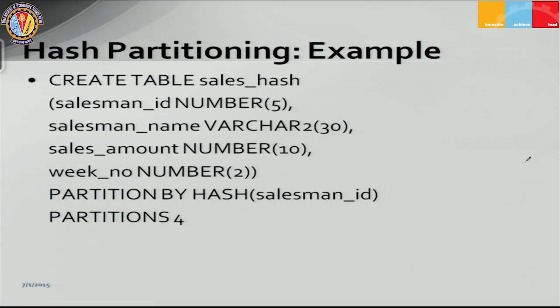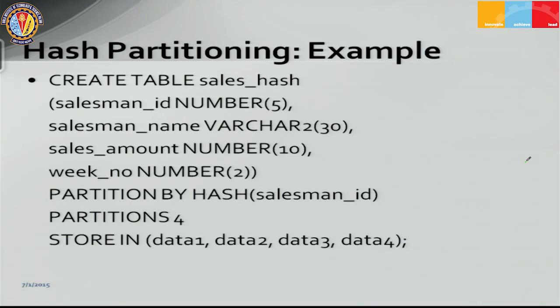I'm saying that I need 4 partitions, which is a power of 2, so 4 partitions would be created. These partitions are stored in data1, data2, data3, data4, which happen to be table spaces. Table spaces are like a virtual area which can have multiple tables.